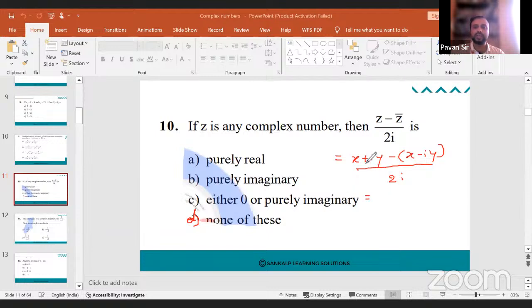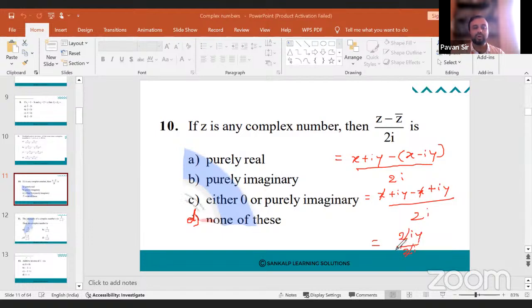Here x plus iy minus (x minus iy): x minus x gets cancelled, which is equal to 2 times iy, 2 times iy by 2i.